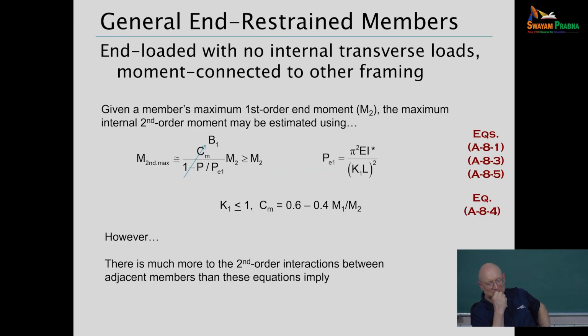Now, lots of simple approximations to try to do practical design. But I want to show you next where there's really much more to the secondary interactions between adjacent members than these equations imply.